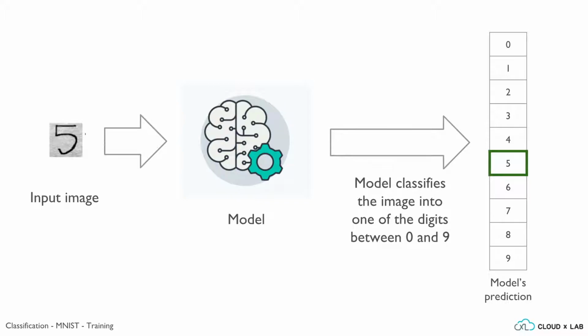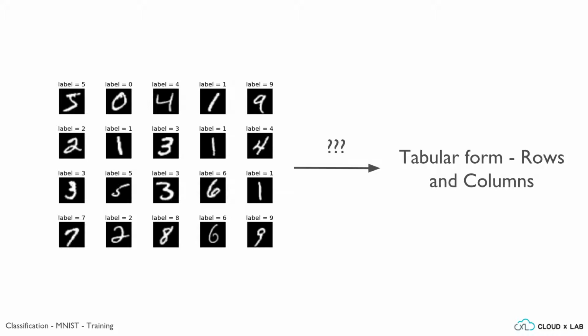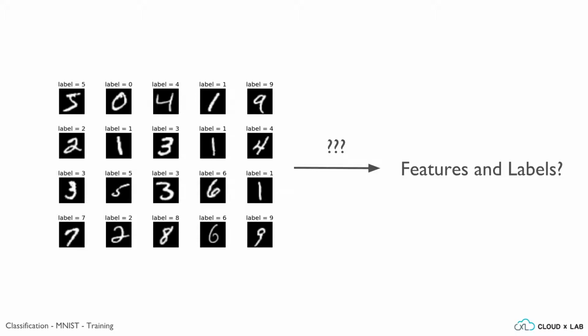How do we train such a model? We have a total of 70,000 images in the MNIST dataset. Now the question is, how do we represent images in the tabular form so that we can feed them to the algorithm? Also, what are the features and the label?